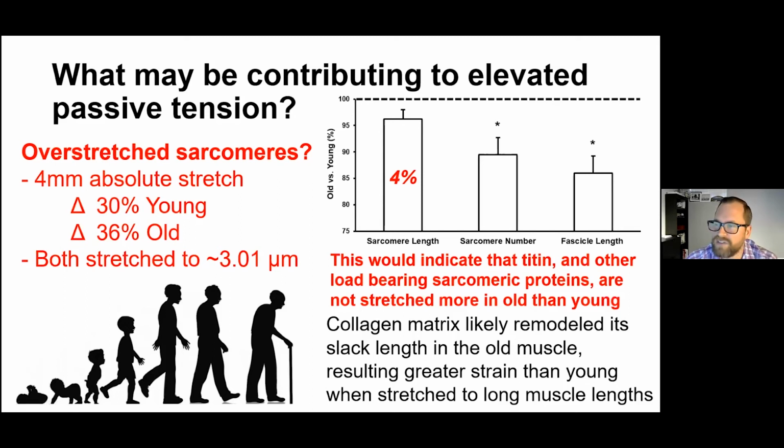So despite having shorter fascicles, there was no overstretching of the serial sarcomeres in old, and that would not be contributing to the elevated passive tension. So this would indicate that titin and other load-bearing proteins are not stretched more in old than young. So the collagen matrix likely remodeled its slack length in the old, resulting in greater strain than the young when stretched to long muscle lengths.